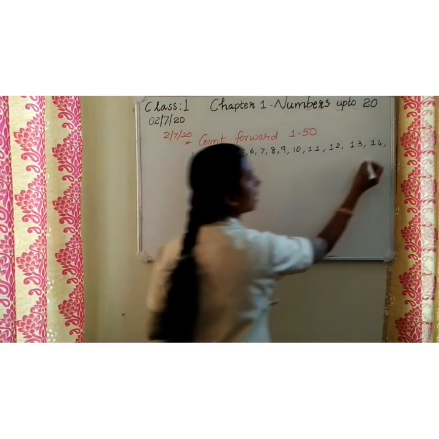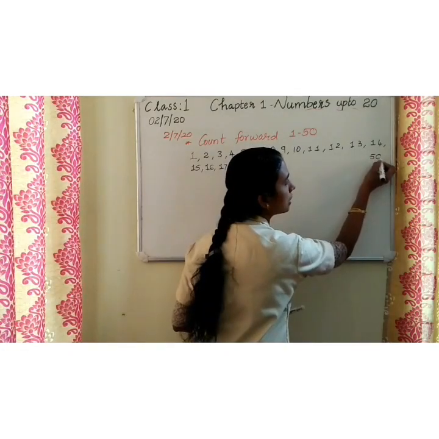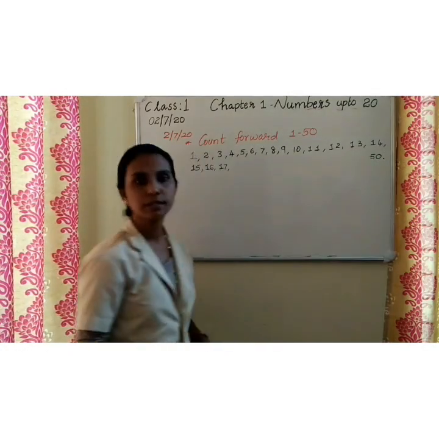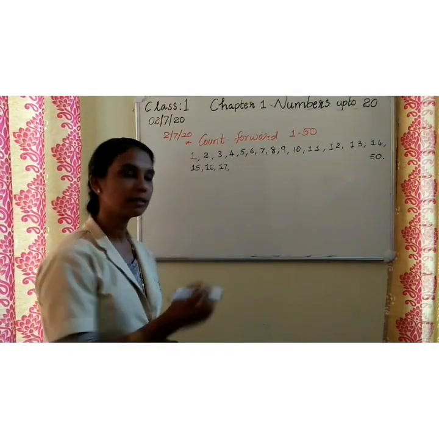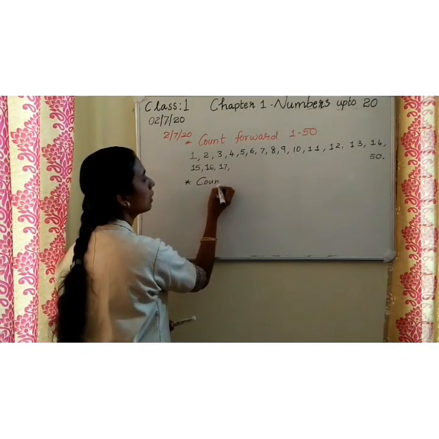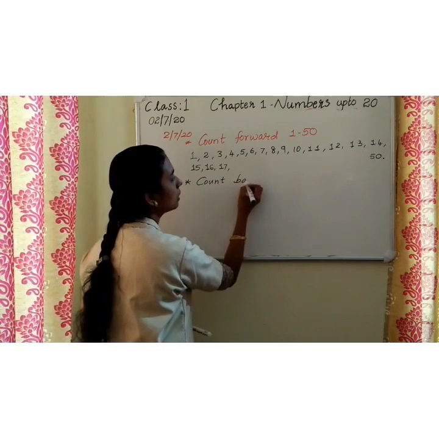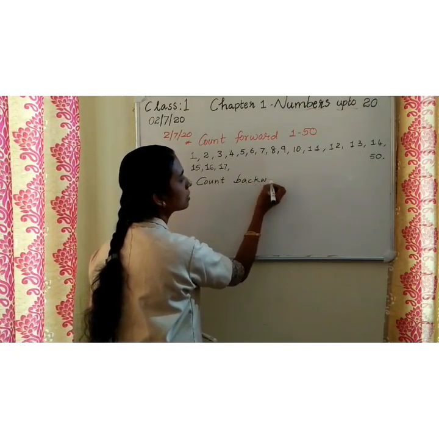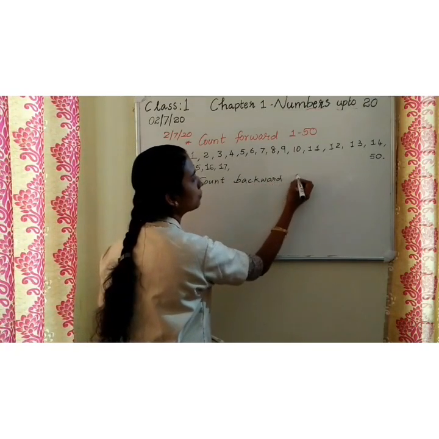You finish up to 50. Okay. Get it? Yes. Then next, you put a star and write count backward. Count backward the numbers 1 to 50.